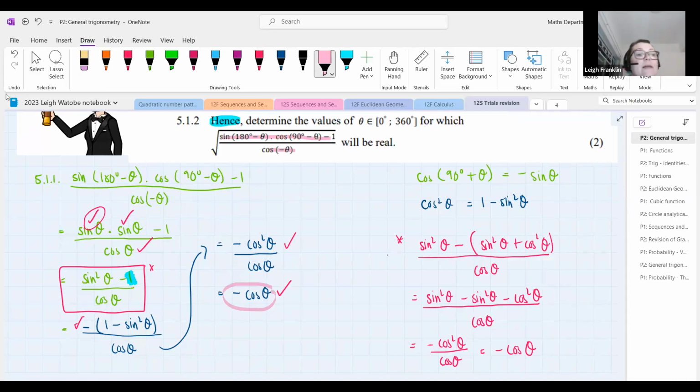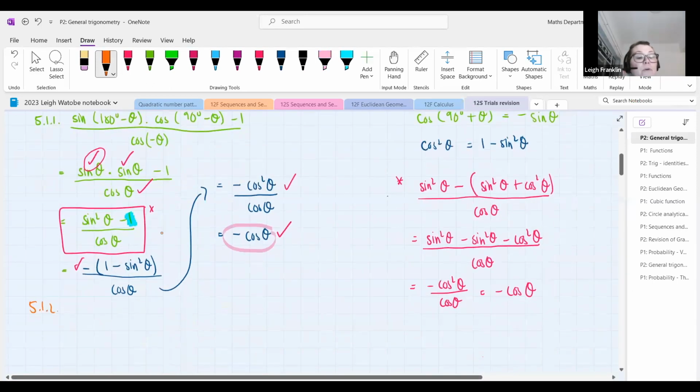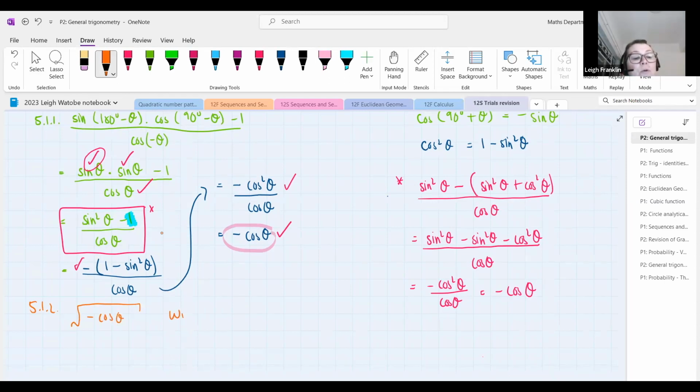Now in question 5.1.2, they want us to determine the values of theta between 0 and 360 for which the square root of negative cos theta will be real. Okay, so in order for numbers to be real, what is the condition when something is inside a square root?